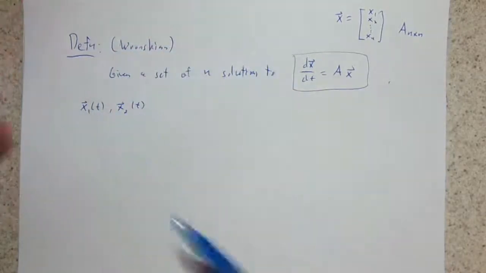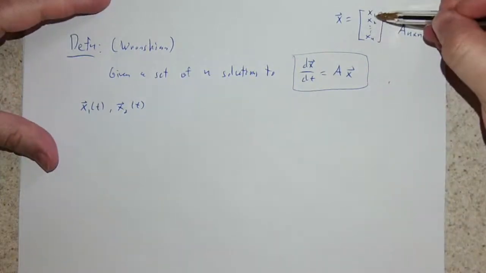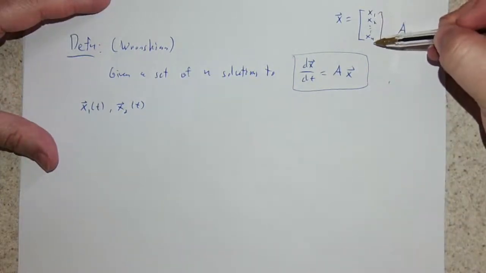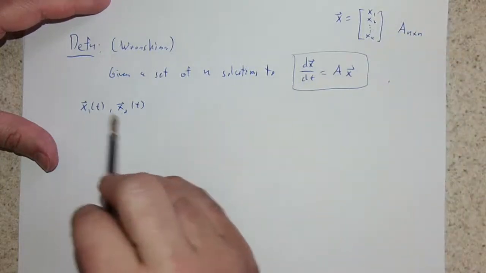I want to draw attention to this. This is kind of bad notation, but we'll alleviate this a little bit when we restrict ourselves to the n equals 2 case, so that this doesn't really come up. But notice that these component functions I've labeled as x1, x2, xn, but also these vector valued functions I've labeled as x1, x2.